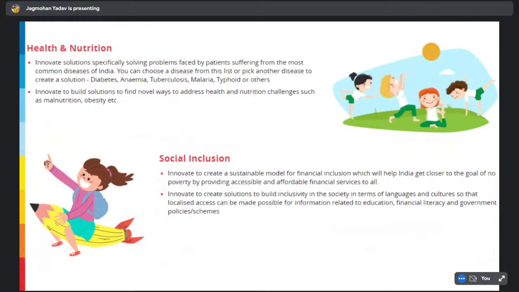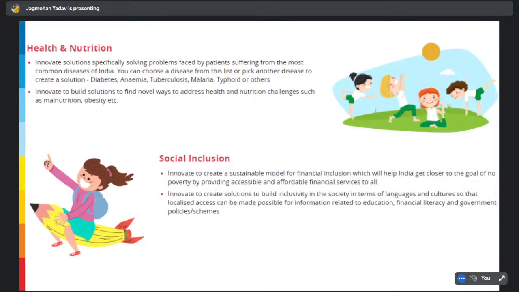We also have two more categories, health and nutrition and social inclusion. Many people are suffering from a lot of diseases like diabetes, and even students like you, at this very small age, most of them are wearing spectacles, and some are obese. Some of them are suffering from nutrition deficiency. So how can you avoid all these things? You are going to be the future generation, you're going to lead the world.